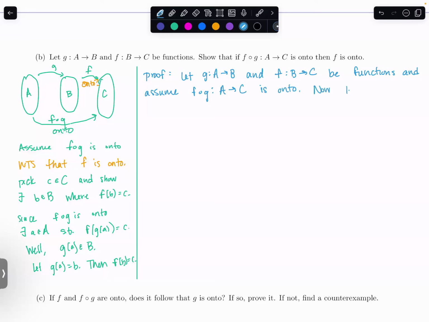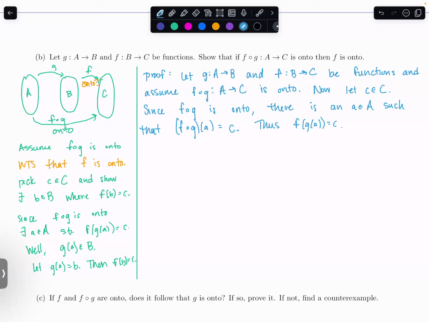Now let c be an element in C. Since f of g is onto, there is an a in A such that f of g of a is equal to c. Thus, f of g of a equals c.